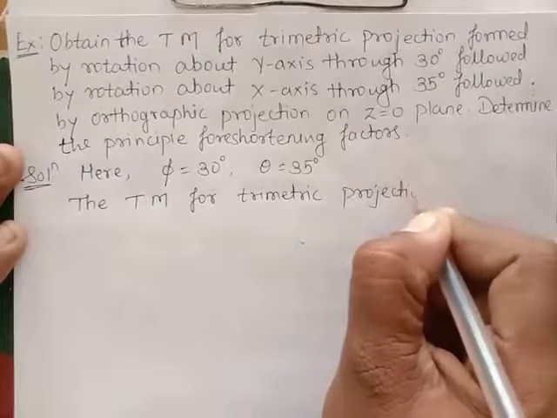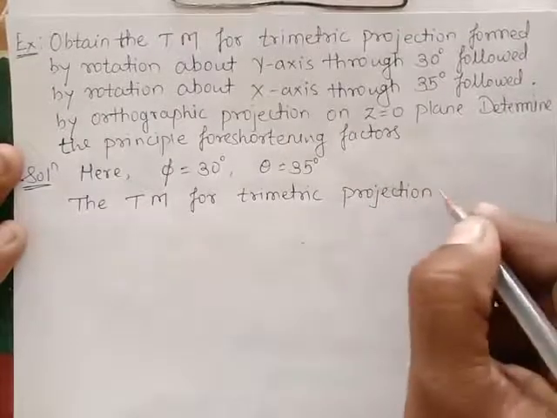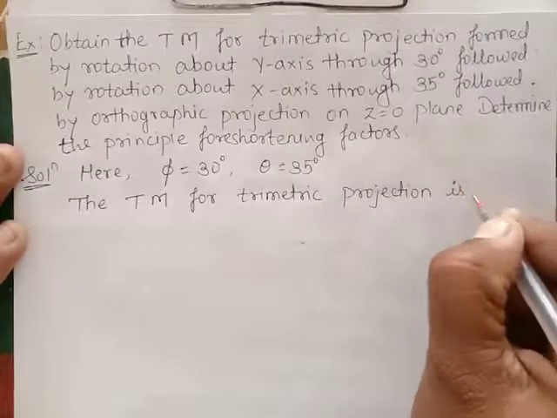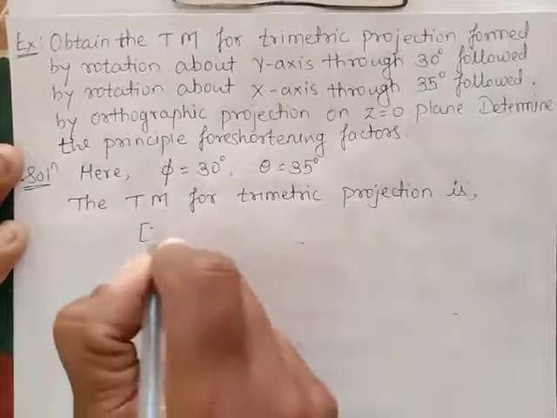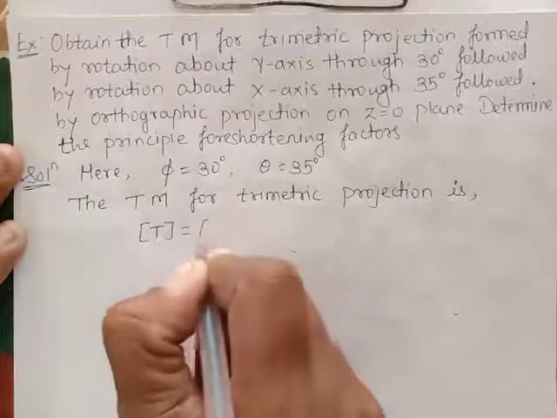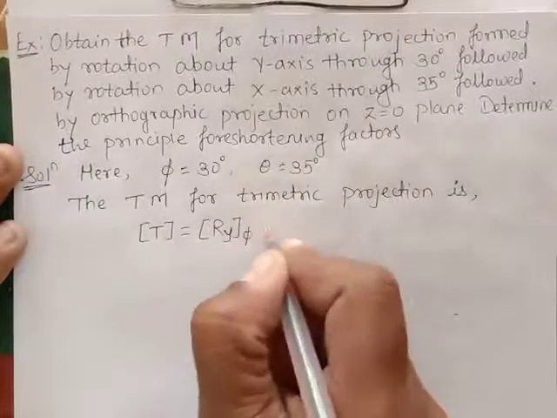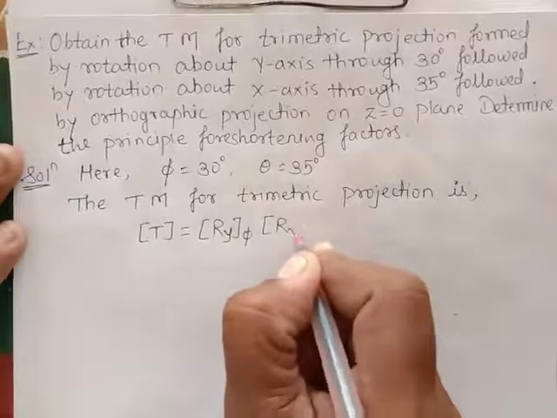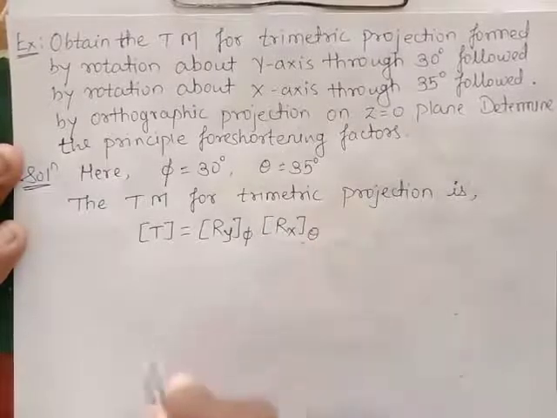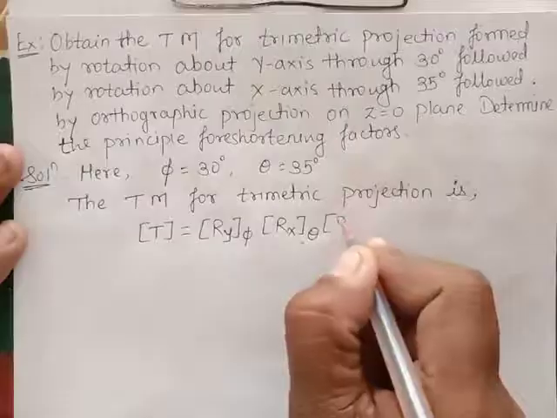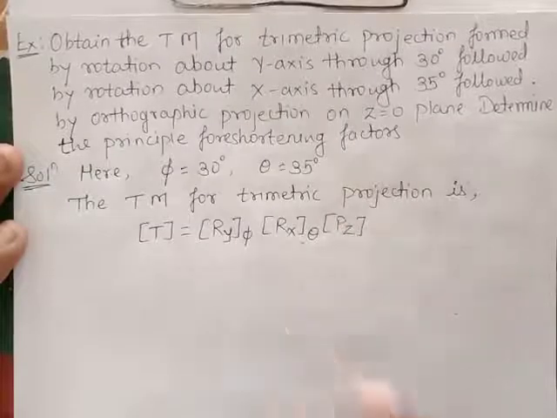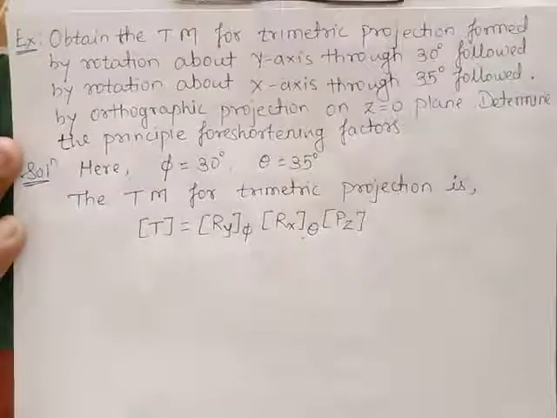Transformation matrix for trimetric projection is, it will be T equal to what? Rotation through y-axis through an angle phi, rotation through x-axis through an angle theta, and then orthographic projection on z equal to 0 plane.